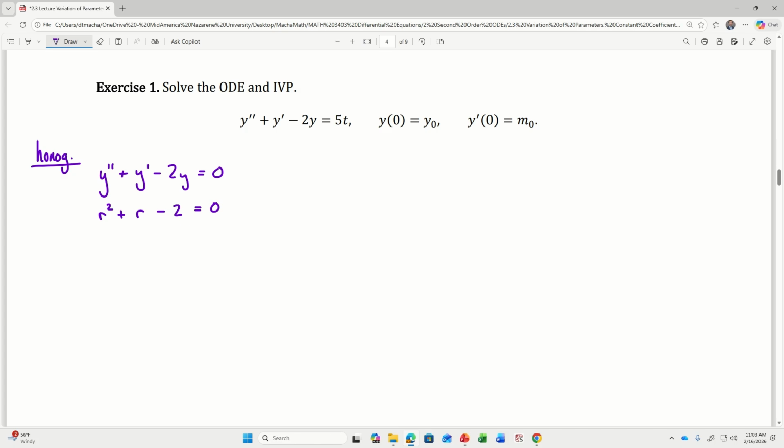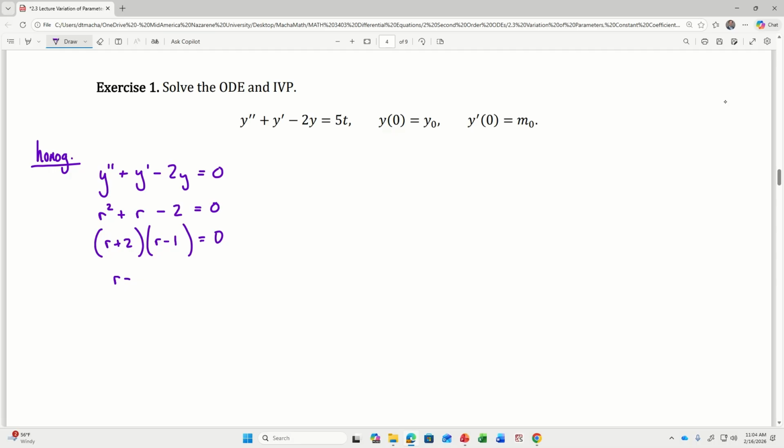And I have to think about, do I want to factor this or do I want to use the quadratic formula? How does this factor? R plus 2, R minus 1. Very good.